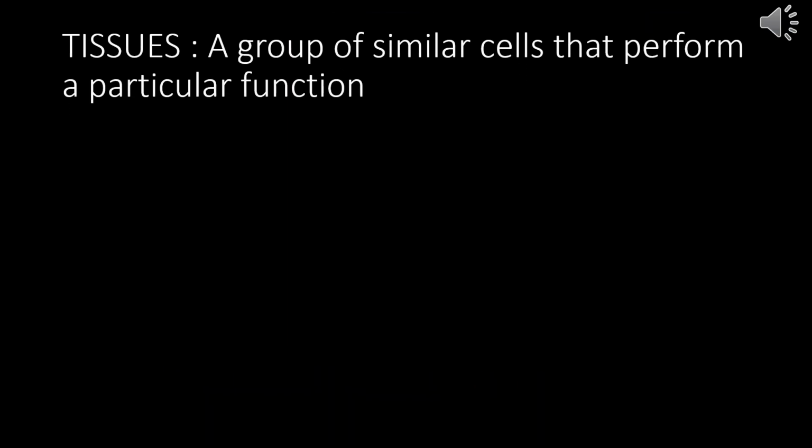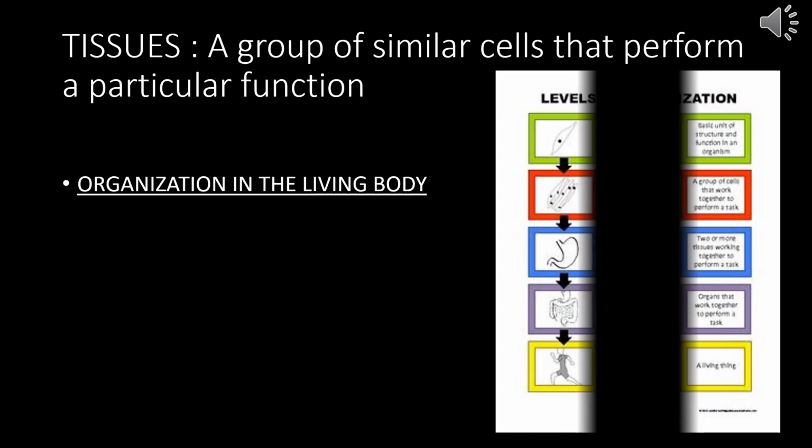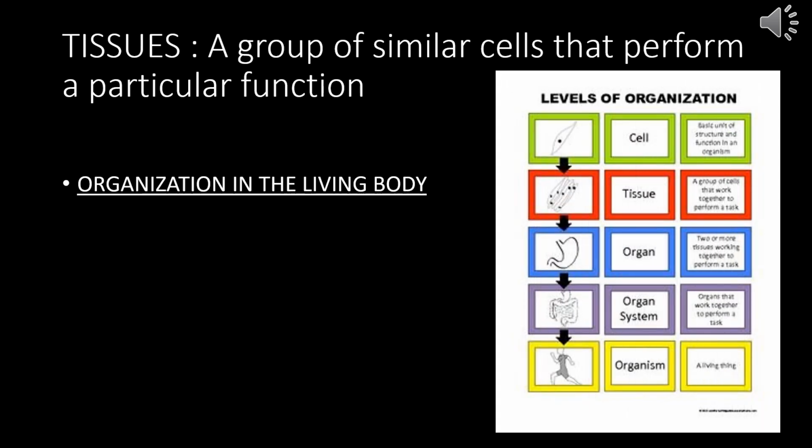Tissue is a group of similar cells that perform a particular function. Look at the chart given here. In this chart, the different levels of organization in the living body are given. When you look at the chart, you can see that the body of an organism is made up of cells. It is a structural and functional unit of life.